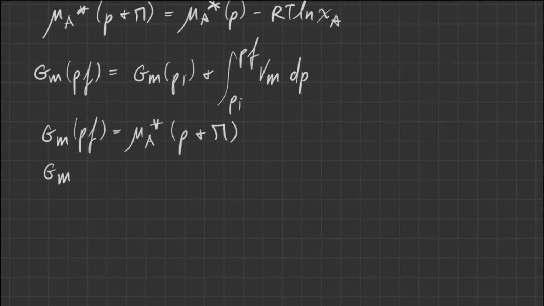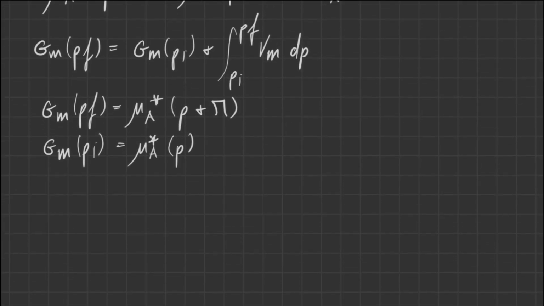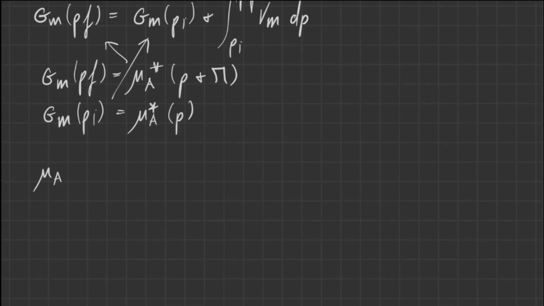Also, the molar Gibbs free energy at the initial pressure is going to be equal to the chemical potential at your starting pressure. So you're going to want to make these substitutions, this one here and this one there, and then what you end up with is this expression. The final pressure will be this pressure plus the osmotic pressure.